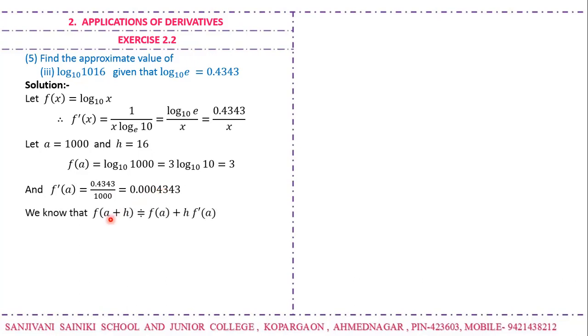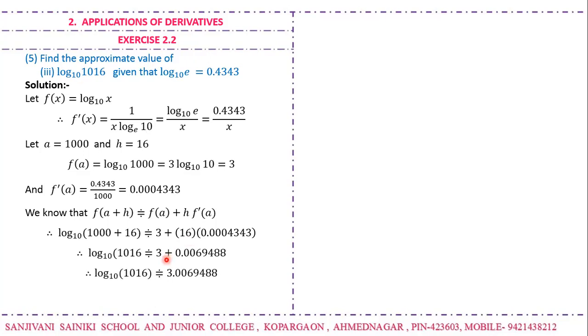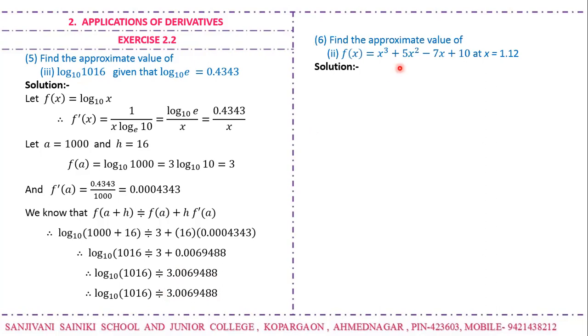So f of a plus h is approximately equal to f of a plus h f dash at a. After putting those values in this formula and simplifying, you get log of 1016 to the base 10 is approximately equal to 3.0069488.